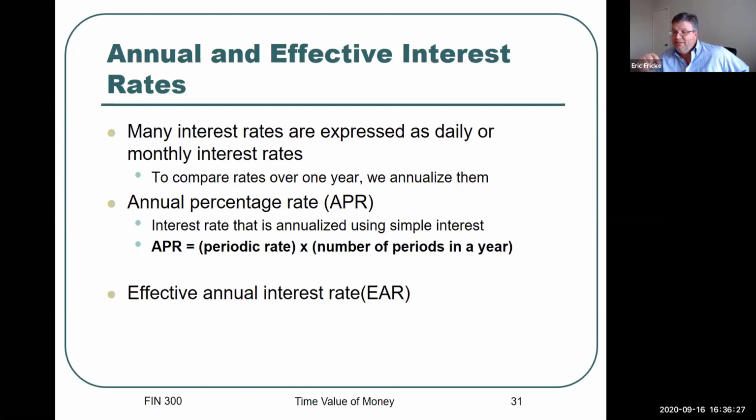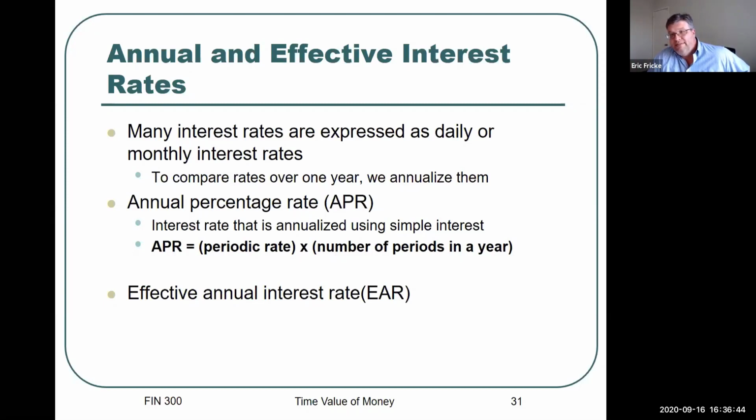Because it's not based on the APR, it's not simple interest. Your credit card debt rolls over, right? If you don't pay your debt one day, the interest becomes part of your new principal that you owe the credit card company. So there's a compounding effect to credit card debt.